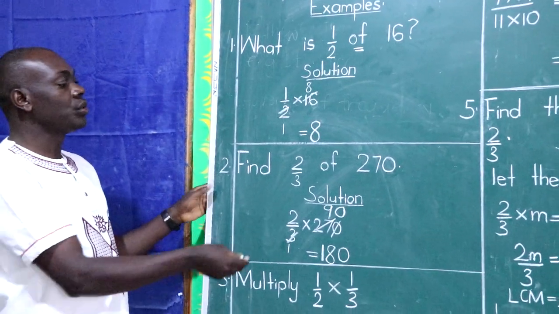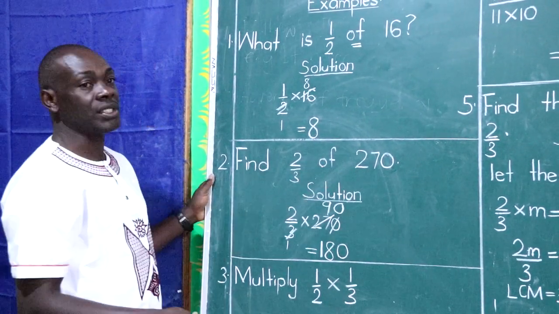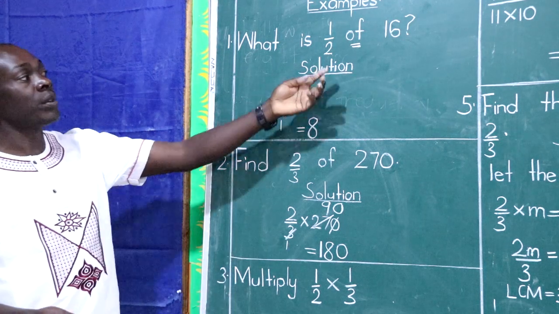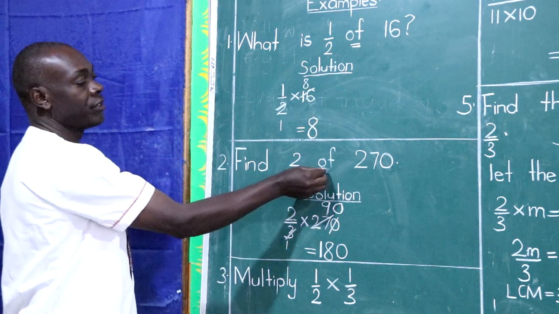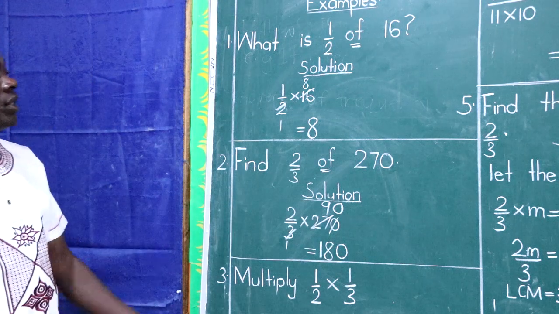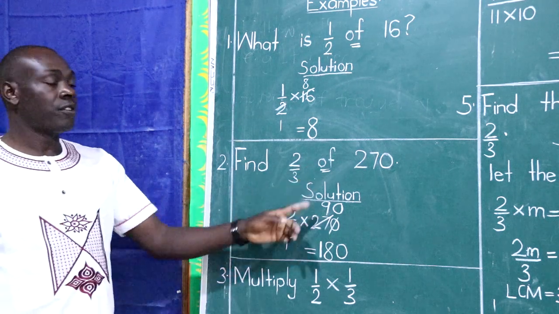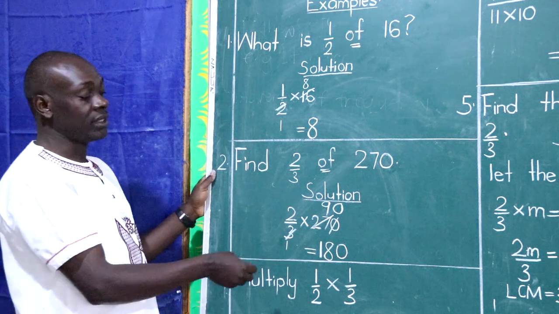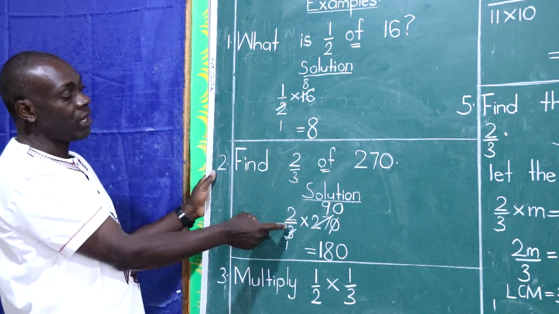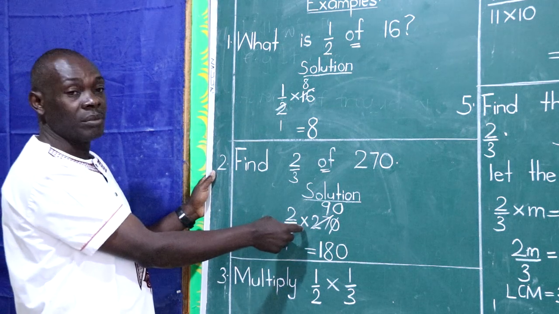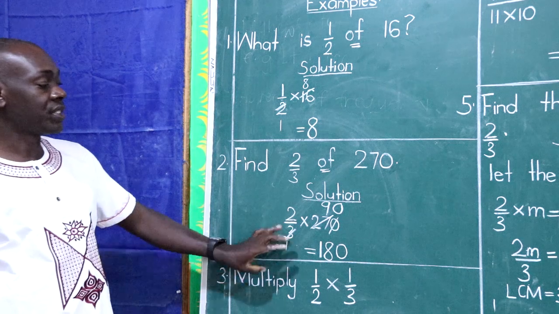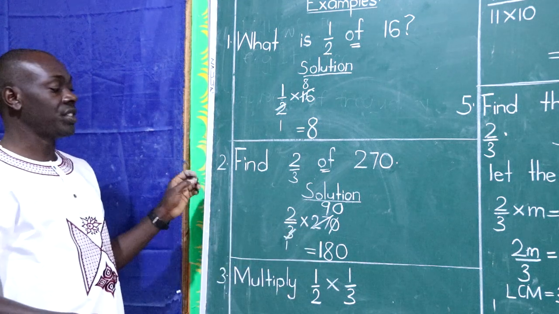Then go to example 2. Find 2/3 of 270. This one is just a little emphatic on the word of. Still of is here. Do like we did. Let of be replaced with the times sign of multiplication, thereby saying 2 out of 3 times 270. That is 2/3 times 270.